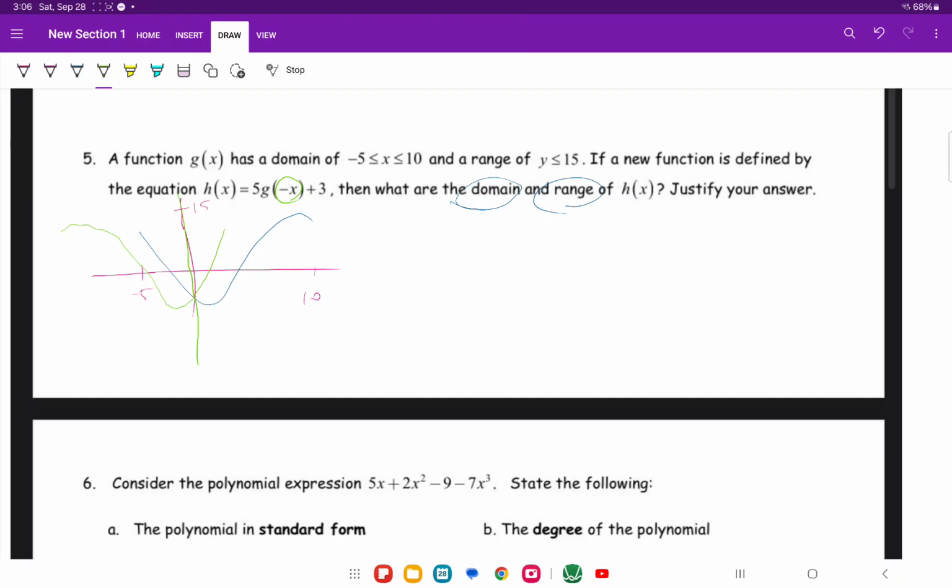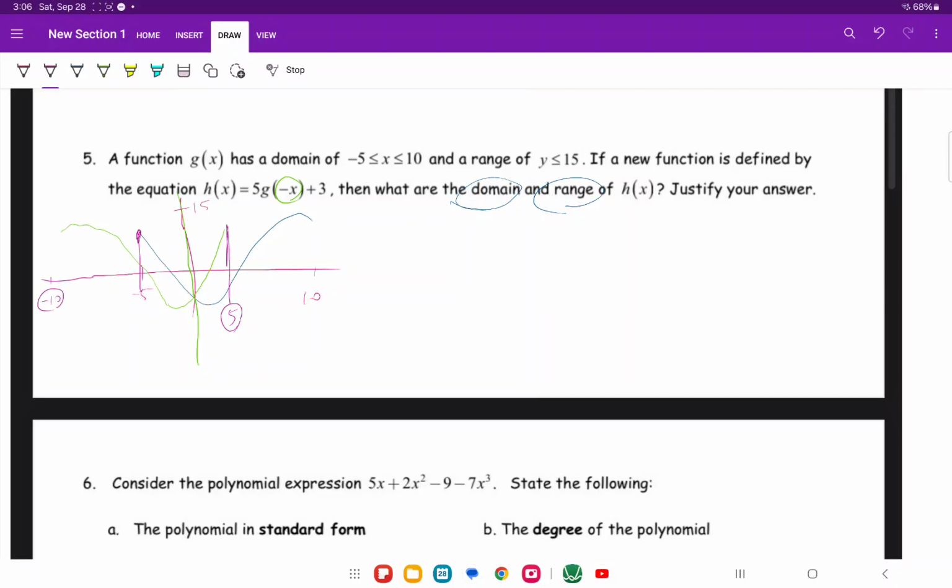The point I want to make, though, is that the new domain is now from here, right? So it used to start from -5, but it flipped, so it's going to start from +5. And it used to go all the way to 10, but now it's going to go all the way to -10.